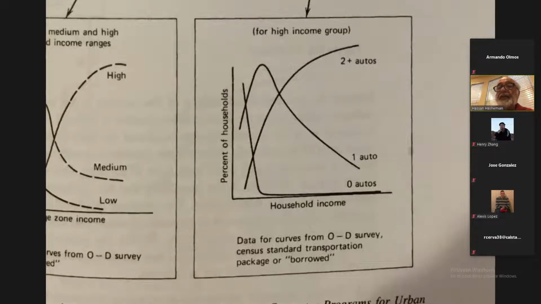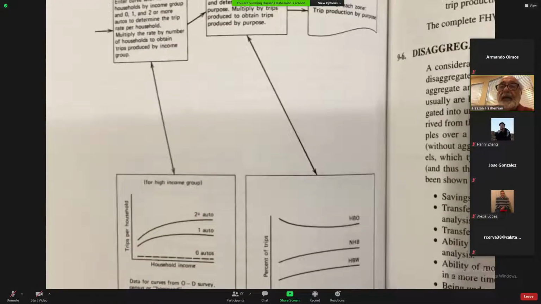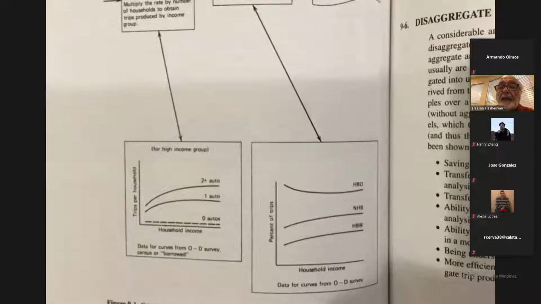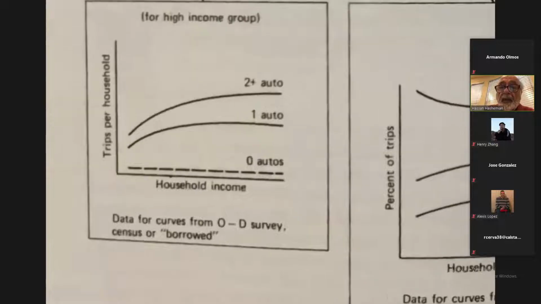That's on the next page of your book. Okay, these are this graph. Now, here you can find the trips per household.